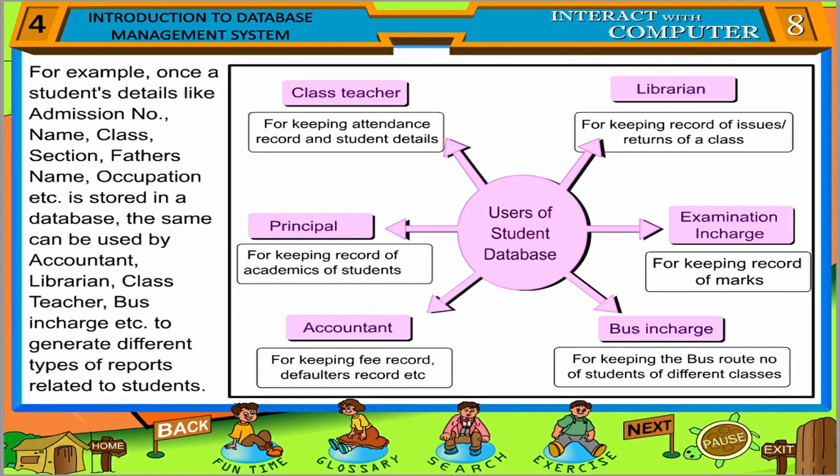For example, once a student's details like admission number, name, class, section, father's name, occupation, etc. are stored in a database, the same can be used by the accountant, librarian, class teacher, bus in charge, etc. to generate different types of reports related to students.